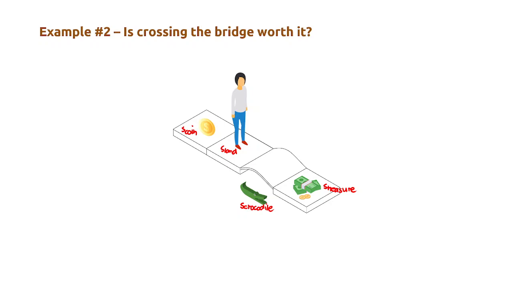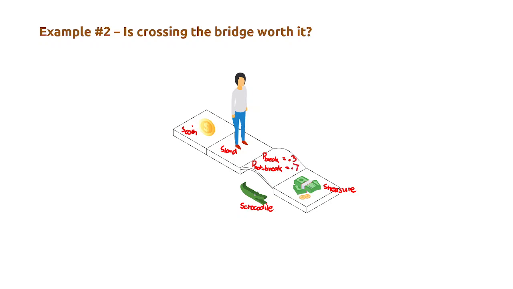So now we introduce probabilities in our world. The probability of the bridge breaking, P break, is equal to 0.3. P not break is equal to 0.7.